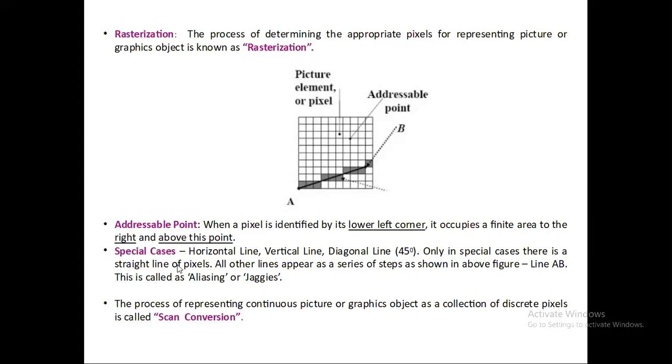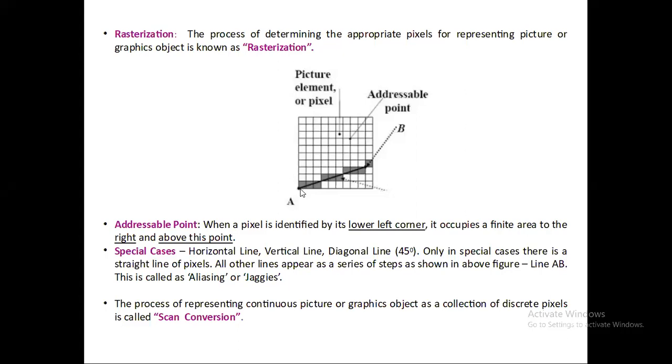Okay, now we have to consider the special cases when we rasterize lines. So what are the special cases here? Special cases are the horizontal line, vertical line, and diagonal, that is the 45-degree line. Now if my starting point is 0, 0, along x is 0, along y is 0, and if the ending point on the x axis is 0, and on the y axis suppose 10, I will plot a vertical line, and only these many pixels will be highlighted.